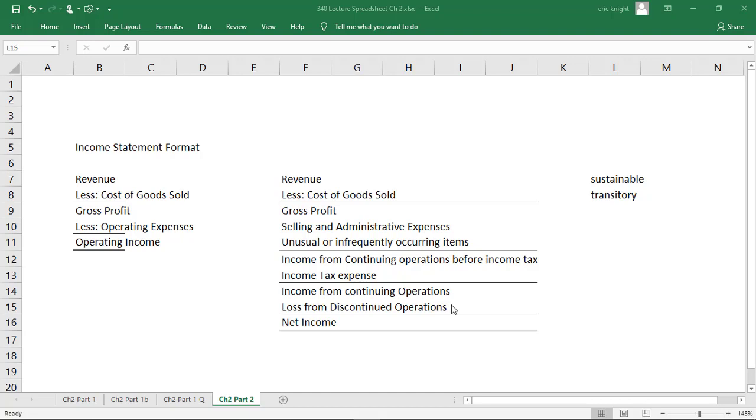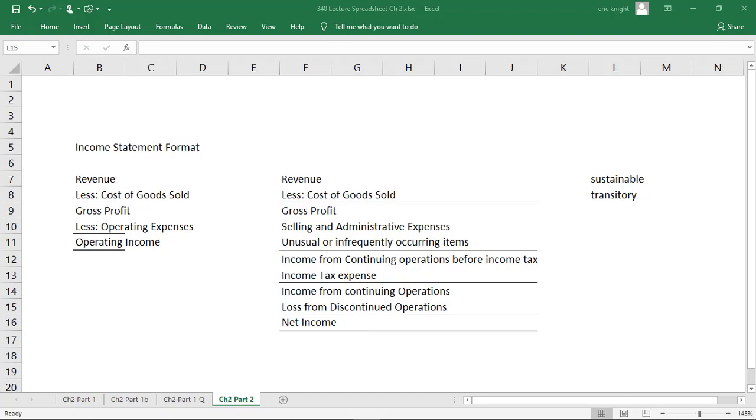Then we subtract from it the discontinued operations, in this case a loss, but if we had a gain, we would put the gain here. But because this is a transitory item, we are separating it out so that it's not commingled with the operations that are expected to continue. And then we get our final number here, the net income, that we're able to use as the final, as they say, bottom line.